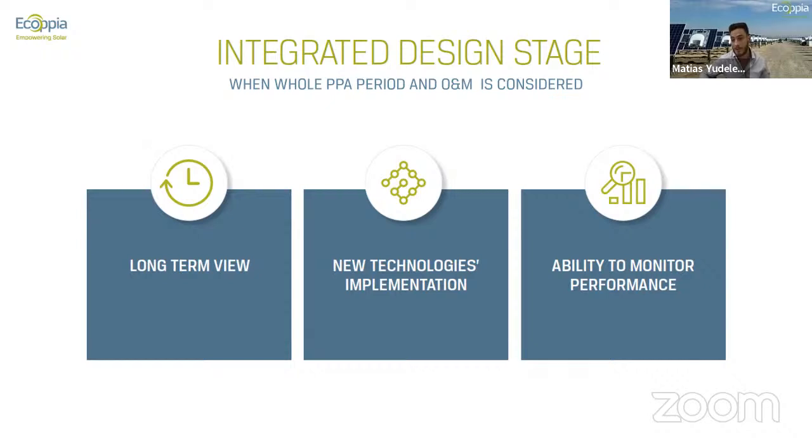At the end of the day, the solar energy industry is always striving for new innovations. And therefore, when we have an integrated design stage, we can apply these innovations, whether it's from monitoring, soiling management, or other innovations in the industry that will, at the end of the day, maximize production while also increasing profitability.